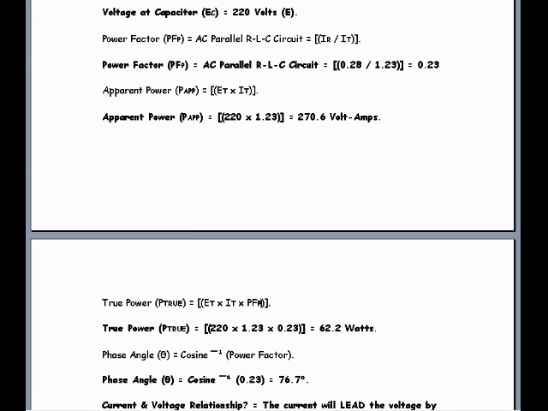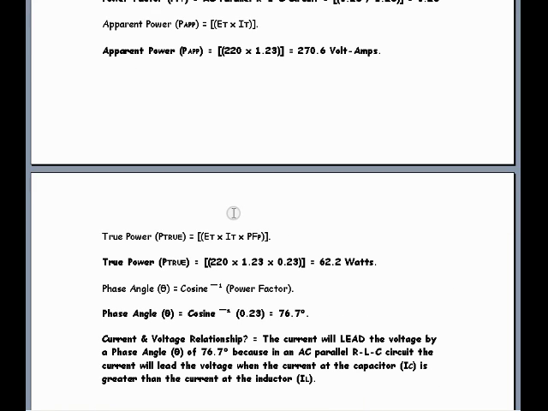That was just a little typo, but it should be power factor PF sub P. Okay, now we simply take the apparent power, which is the RMS voltage times the RMS current, and then multiply it times the power factor, all three. Then we get true power, AC true power in watts, not volt amps, but in watts, the actual power you get in this particular circuit setting, and we get 62.2 watts, the product of these three.